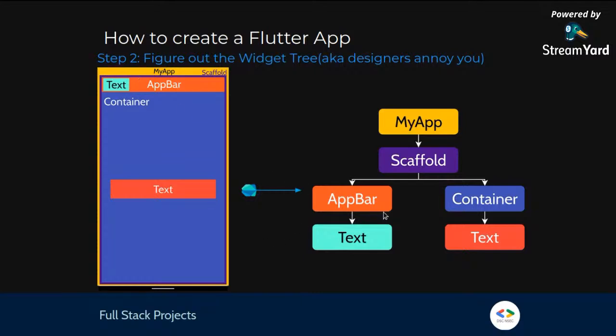The same is the case for the container, which contains a text widget. The scaffold contains an app bar and the container, and the entire thing is composed in this MyApp widget, which encloses all of the widgets under it.